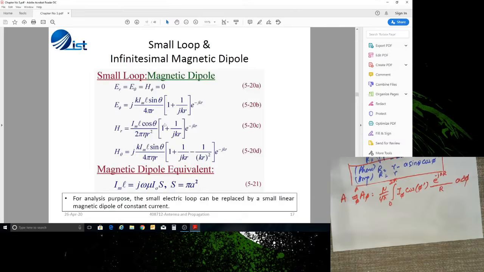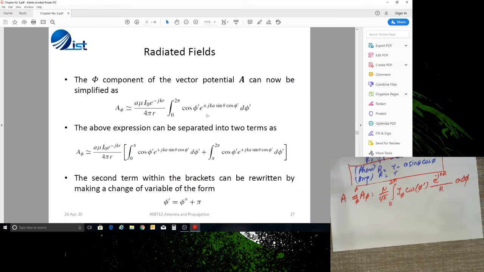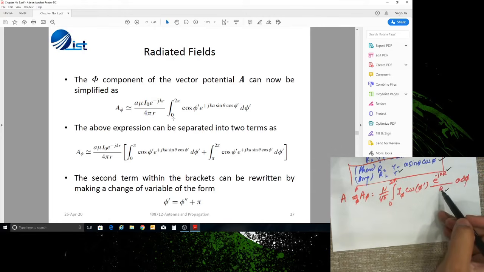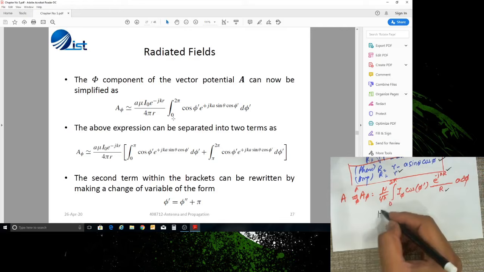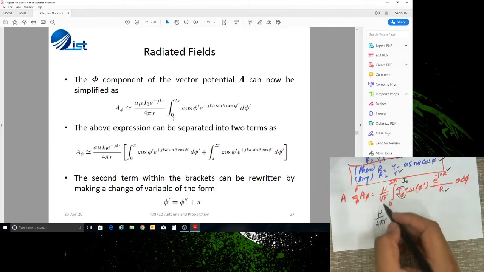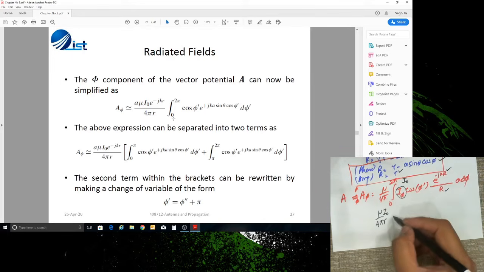So now if we go back to that slide and substitute this expression of capital R in the numerator and this in the denominator, you can see when you substitute small r over here, you can take this r outside. So now this expression will be equal to mu over 4 pi r, and we know that our current is constant, it is I naught in this case, so we can take I naught outside as well. And this is the only function left right now, which is cos of phi prime. So let us just write that down.